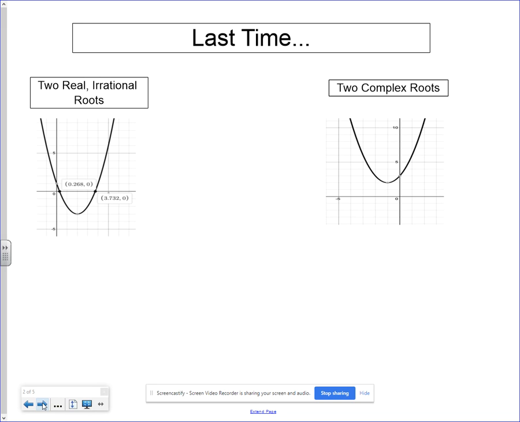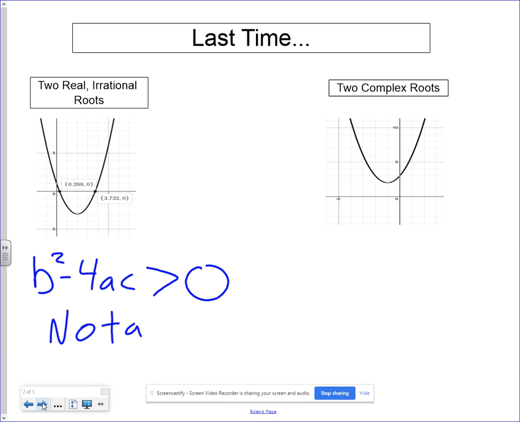And so if you remember that, we had the discriminant b squared minus 4ac was a positive number, so it's greater than 0. So it's any positive number greater than 0, but it was not a perfect square. So it was any number other than 1, 4, 9, 16, so on and so forth.